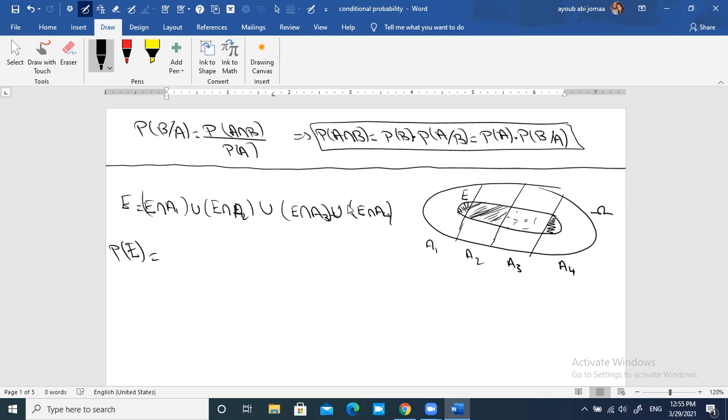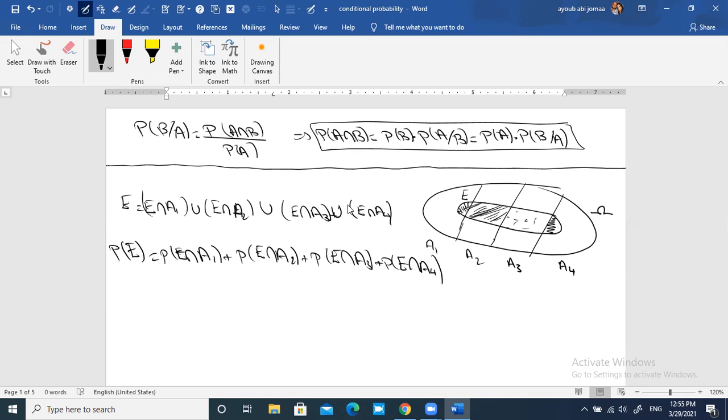There is no intersection, so I can write only addition, no subtraction of intersection. So it is probability of E intersection A1 plus probability of E intersection A2 plus probability of E intersection A3 plus probability of the last one, E intersection A4.